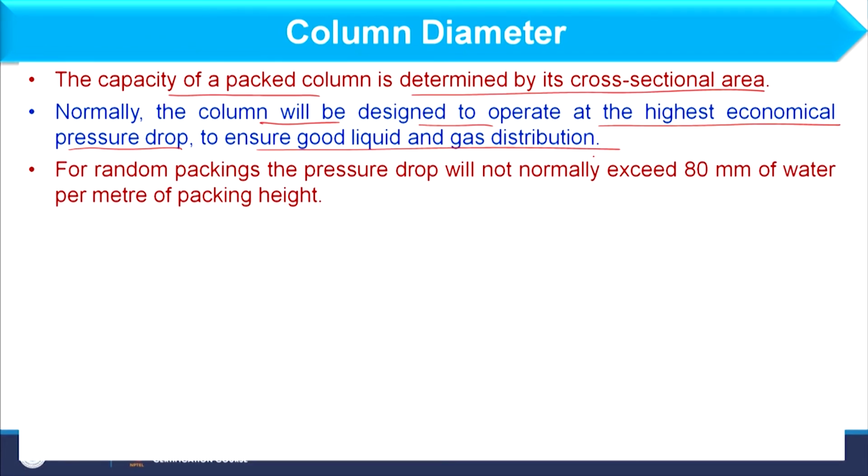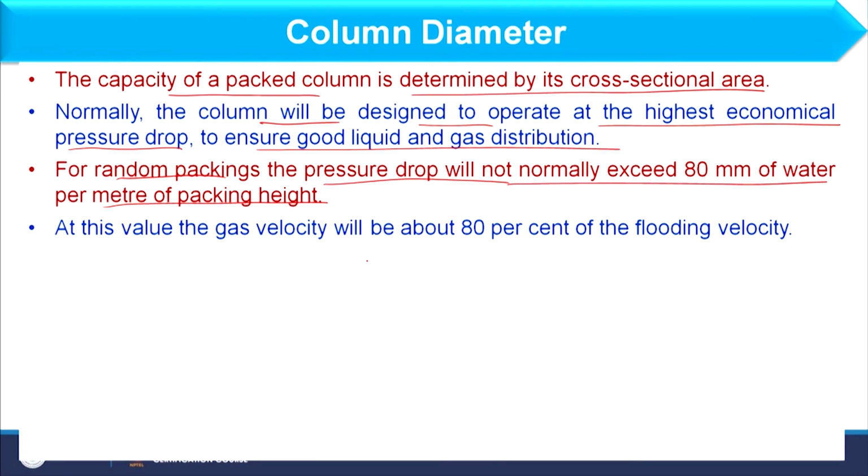Further, for random packing, the pressure drop will not normally exceed 80 mm of water per meter of packing height. So, when I am considering this value, the gas velocity should be around 80% of flooding velocity.